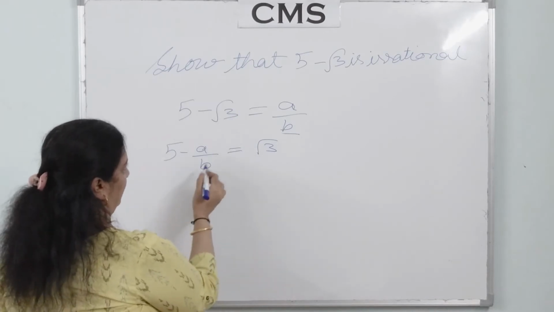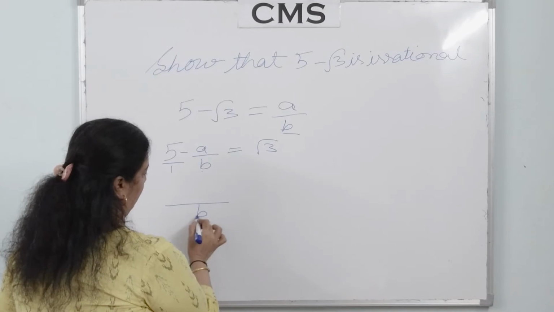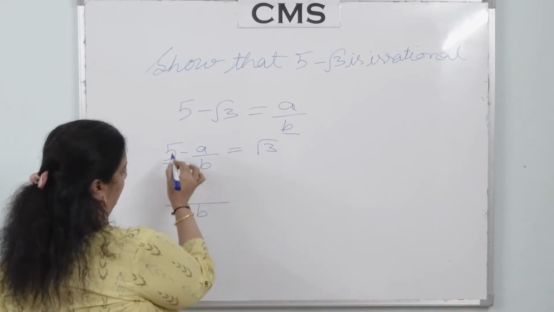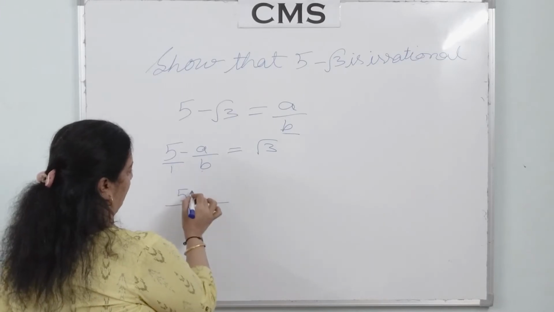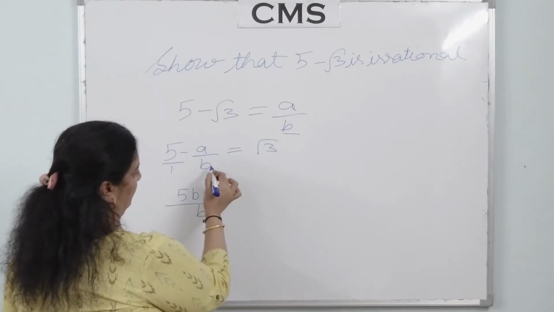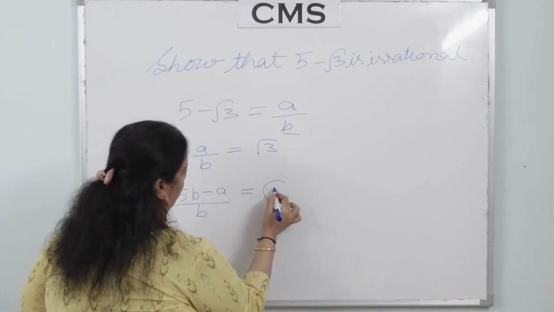So what's our next step? Take the LCM of this by putting 1 here under b. When b is divided by 1 we get b multiplied by 5b minus a, because b divided by b becomes 1, multiplied by a equals a.